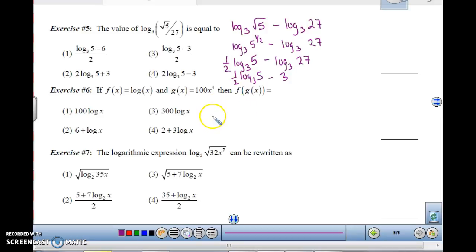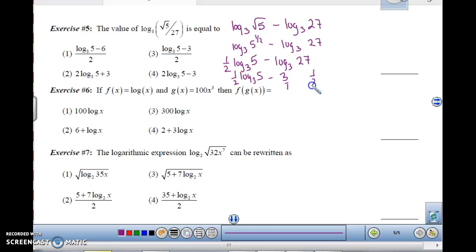Okay, so which one is that? Well, none of these answers match up. So I probably need to do some combining here. So if I put this over 1, I want to get a common denominator. What's my common denominator going to be?